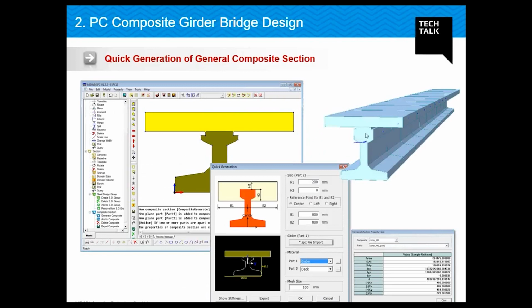If you are dealing with any general shape of the composite section, we can also use this SPC, section property calculator. So an in-field type of composite section or any general shape of the girder can be considered using this. And then we can bring it to Civil and we can even design it.